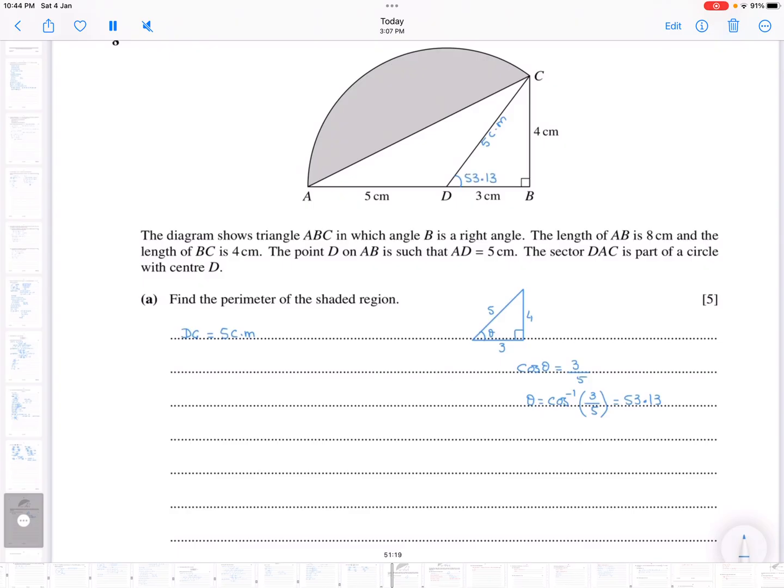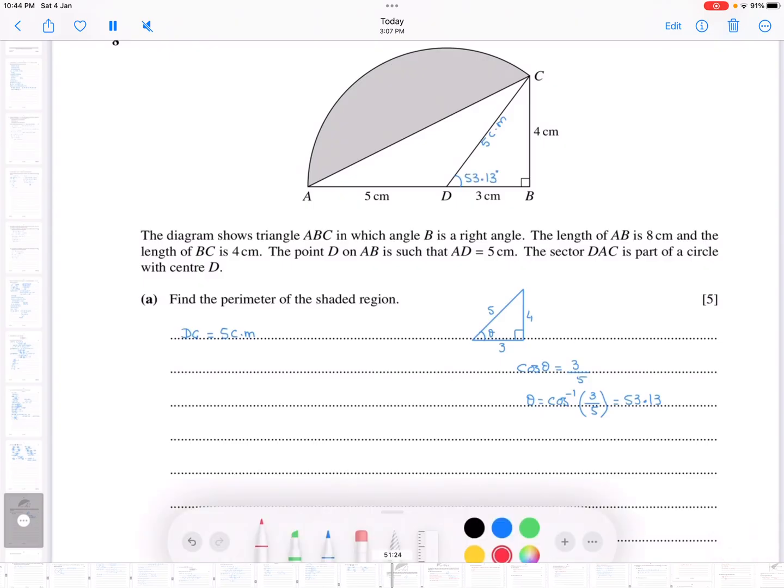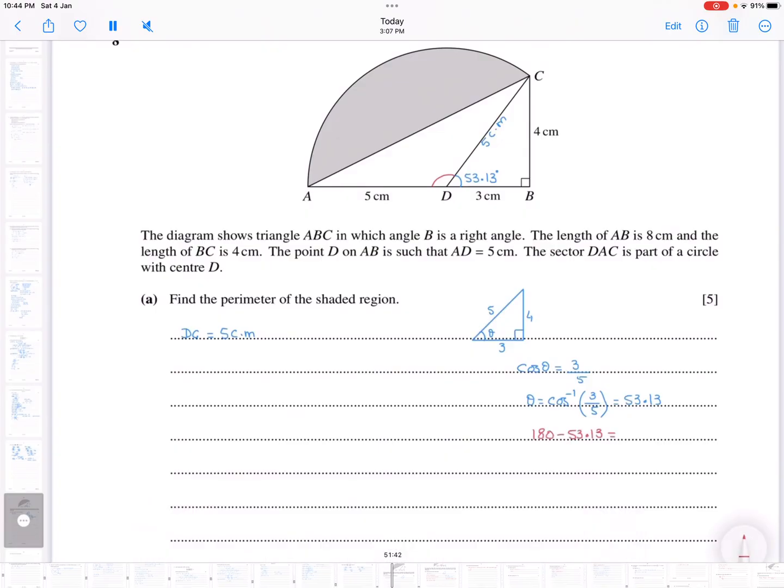And if I subtract it from 180, I will get the angle ADC, this red one. So 126.86, 126.9.